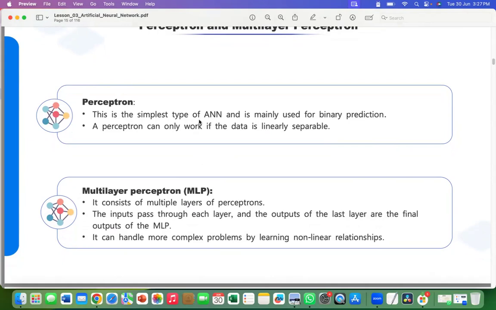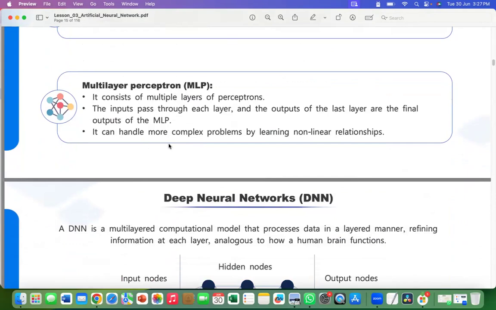Then one step ahead, we have multi-layer perceptron.